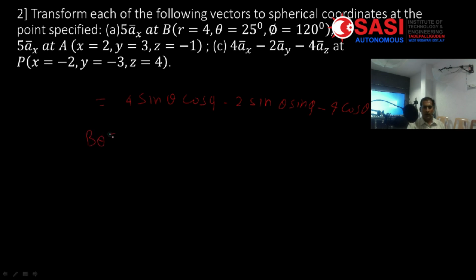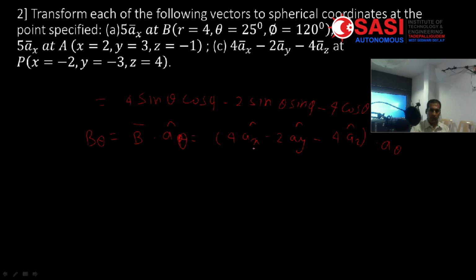Similarly, we can calculate for B theta. So B theta will be equal to magnitude into direction. So again, same way, we have 4ax cap minus 2ay cap minus 4az cap into direction A theta cap. So one by one we will take the dot product.